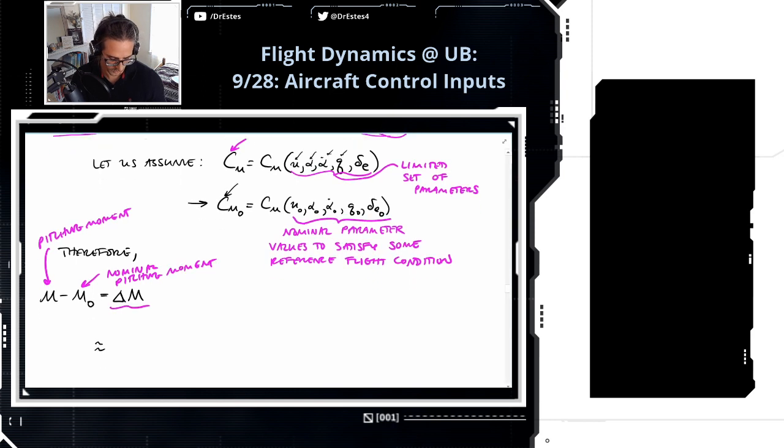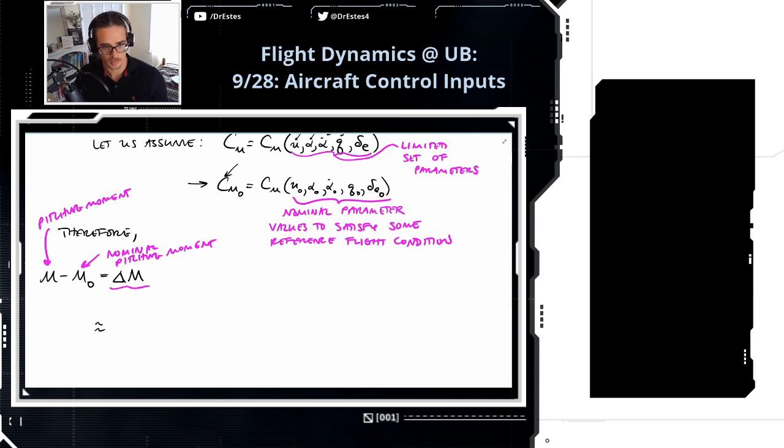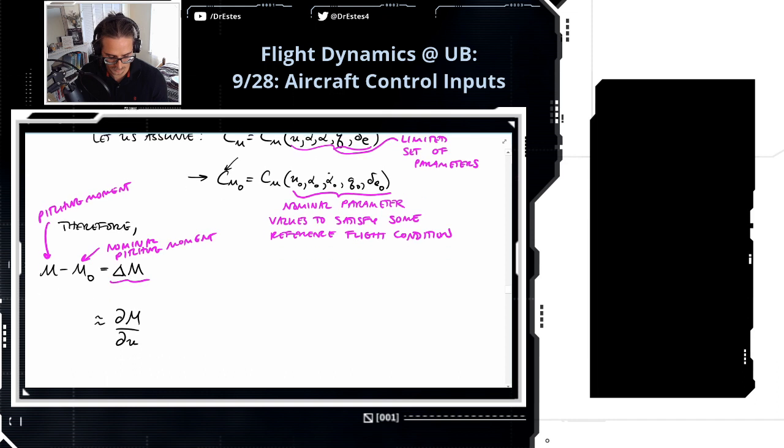So the Taylor series expansion is as follows. You got to differentiate the moment evaluated at the reference flight condition and multiply it by the perturbation variable that you're taking the partial derivative with respect to.